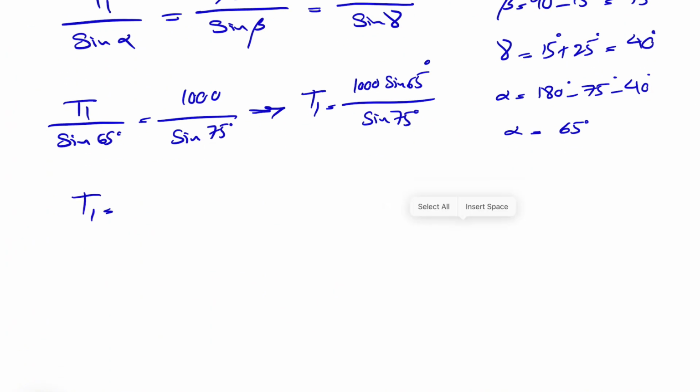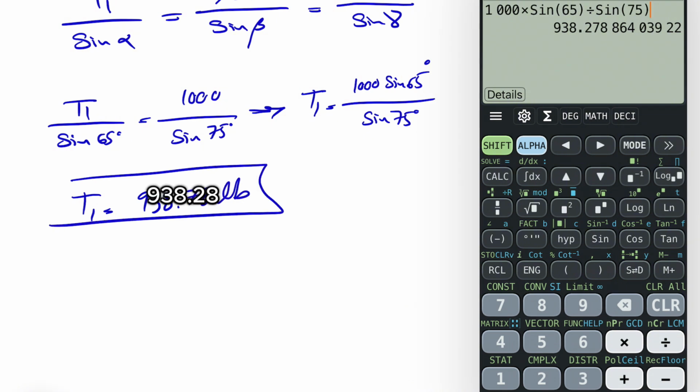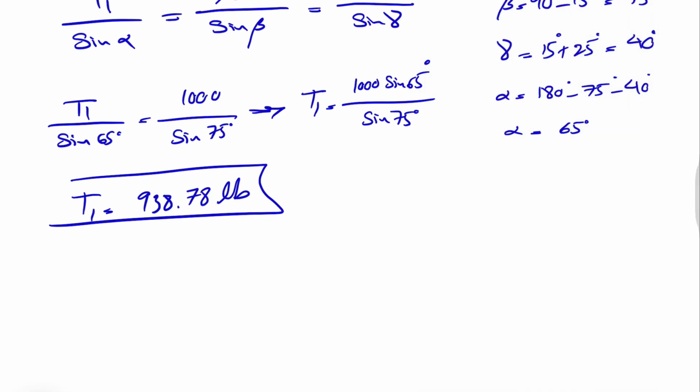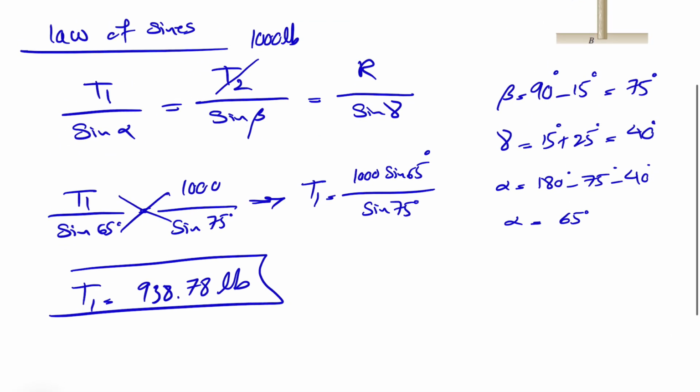Let's see what we get for T1, 1000 times sine of 65 over sine of 75. Our T1 would be 938.28 pounds. That's the first unknown, and what we did in here is basically cross multiply these two.